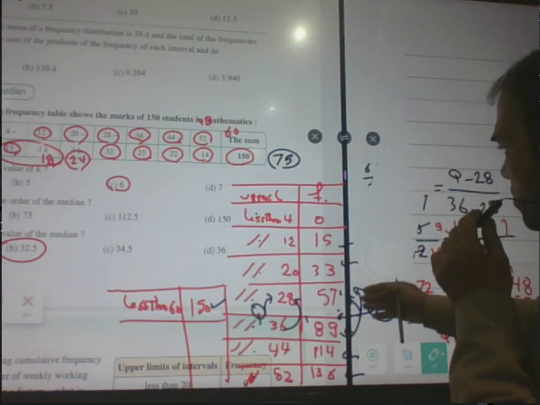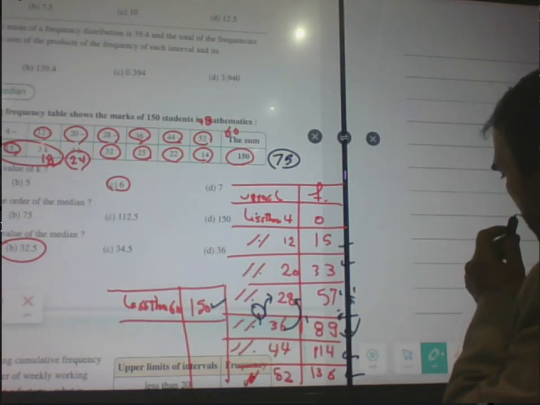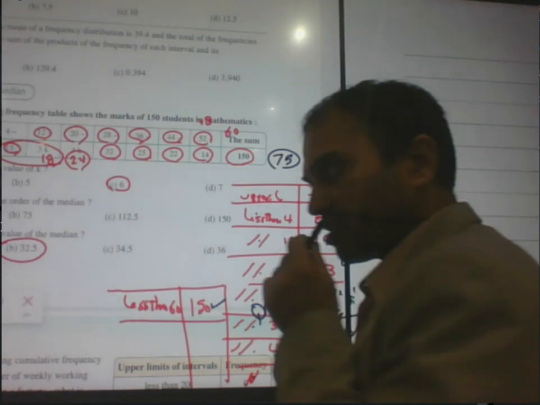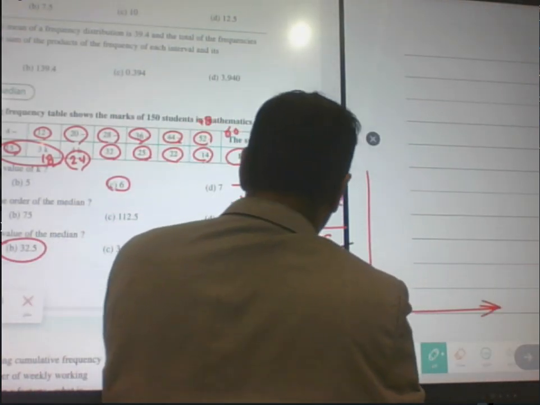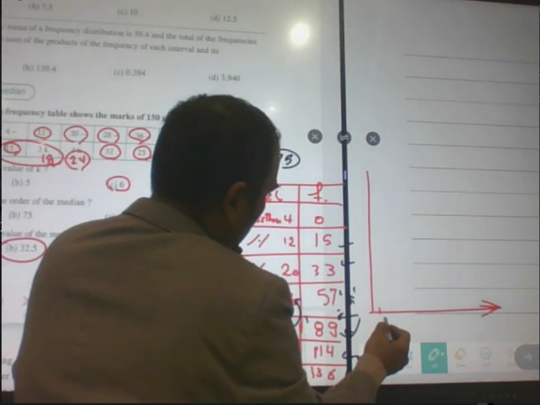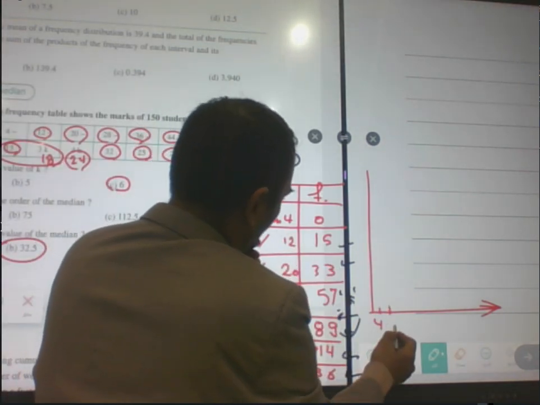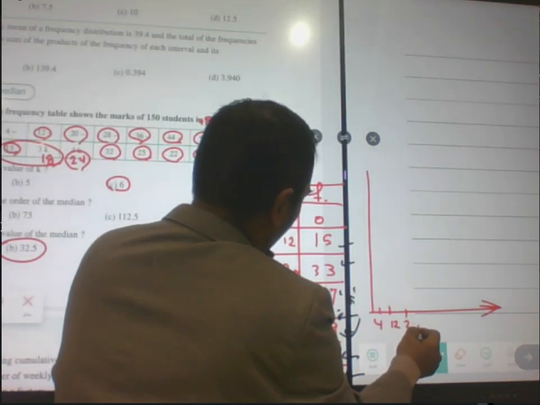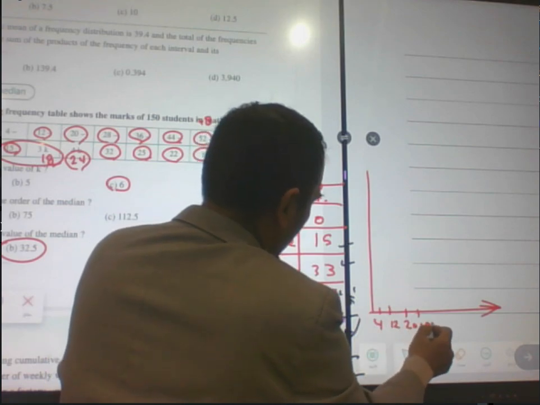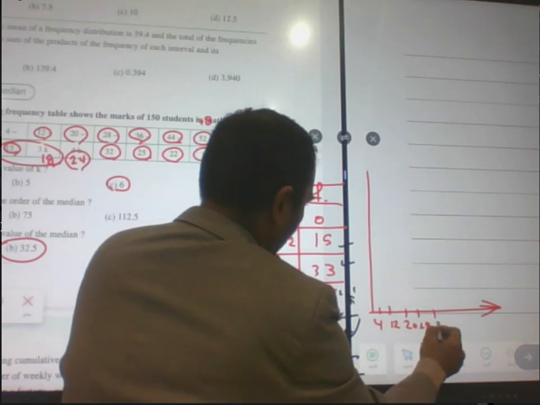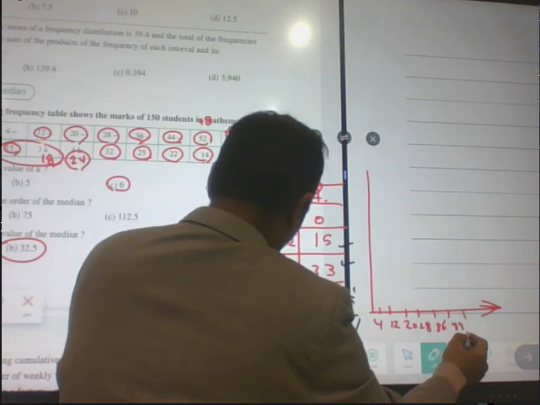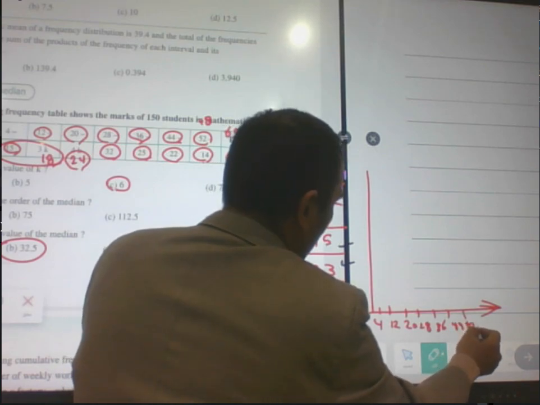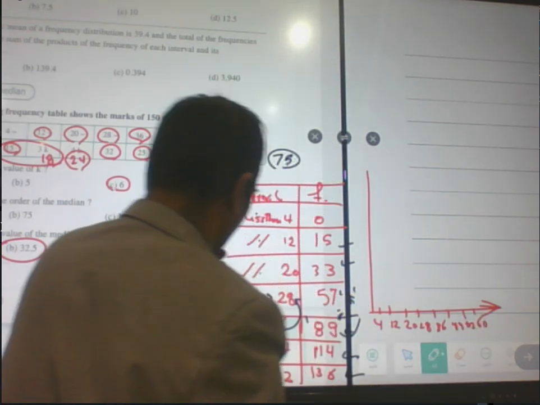You can draw the table. After drawing the table, you can draw the curve. Do you remember the curve? Like this, horizontal and vertical. And raise the numbers here, starting from 4, and next 12, and also 20, 28, and we have 36, 44, 52, and 60. And there's a curve here.